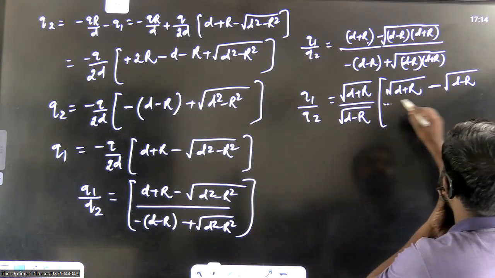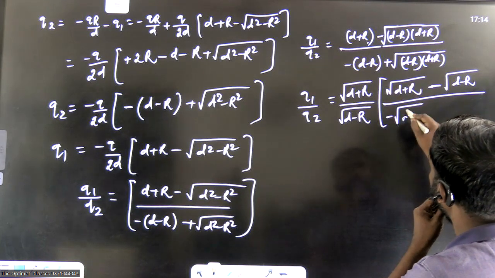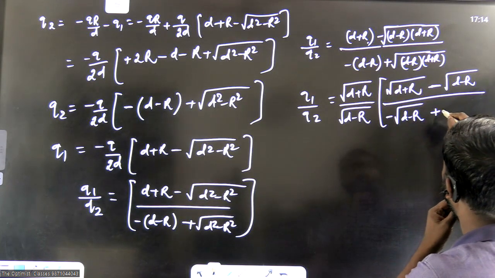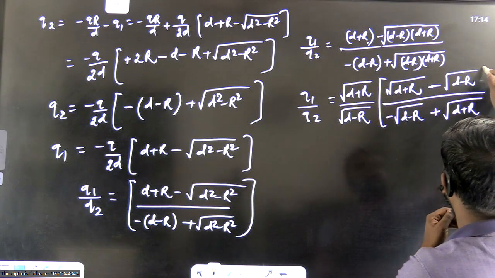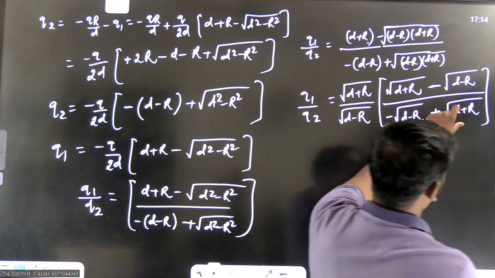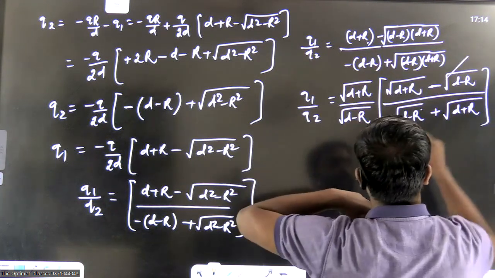If you take root under D minus R common in the denominator, you get minus root under D minus R, and plus root under D plus R left. Now you see this term, root under D plus R minus root under D minus R, is the same in the numerator and denominator, so these two factors cancel out.